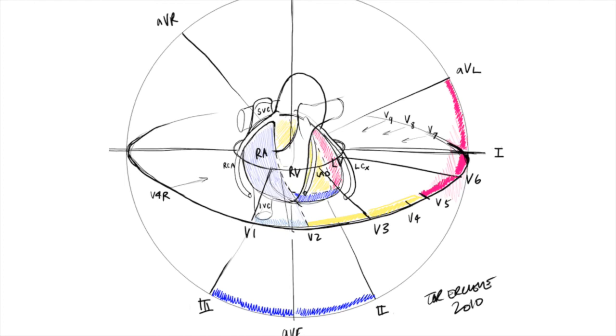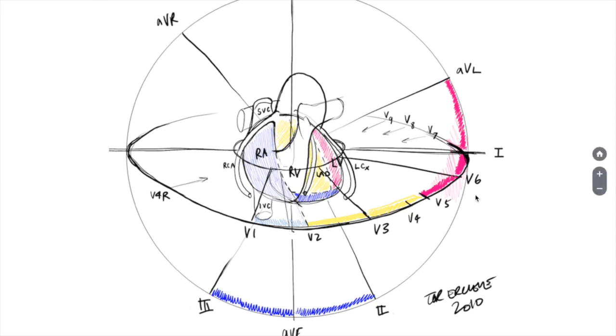So II, III, aVF: inferior. V1, 2, 3, and a bit of 4: anterior septal, mostly the left anterior descending artery. V5, V6, lead I and aVL: lateral, usually the left ventricle or the left circumflex artery. So it's really important to figure out.